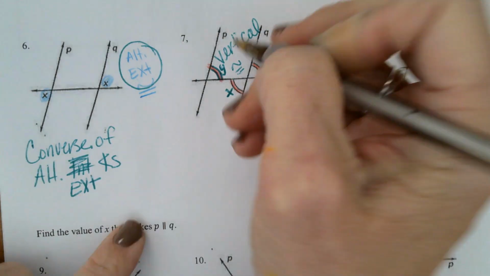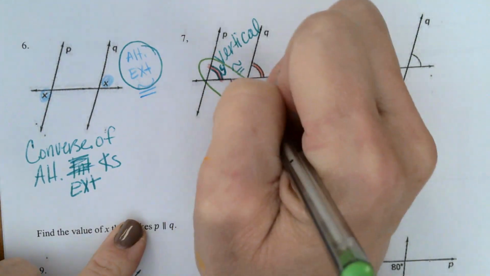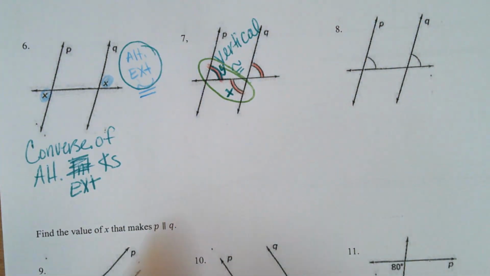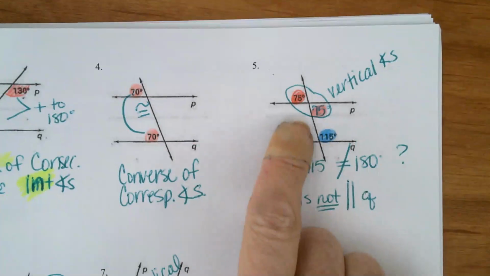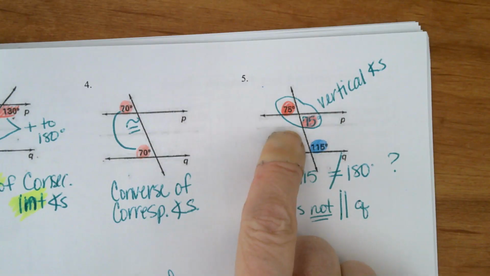These right here. Vertical angles won't tell you if lines are parallel. Vertical lines do not tell you if things are parallel. There's no way to tell. Just like up here, these were not parallel, and those are vertical angles.